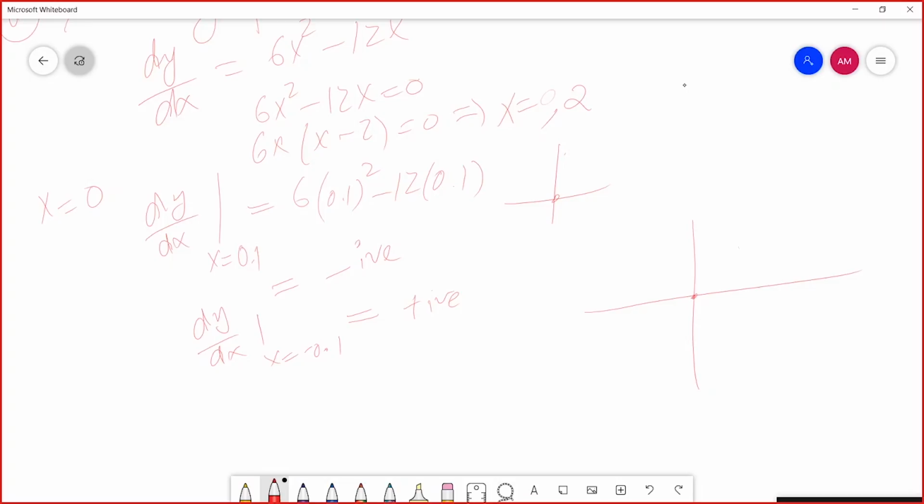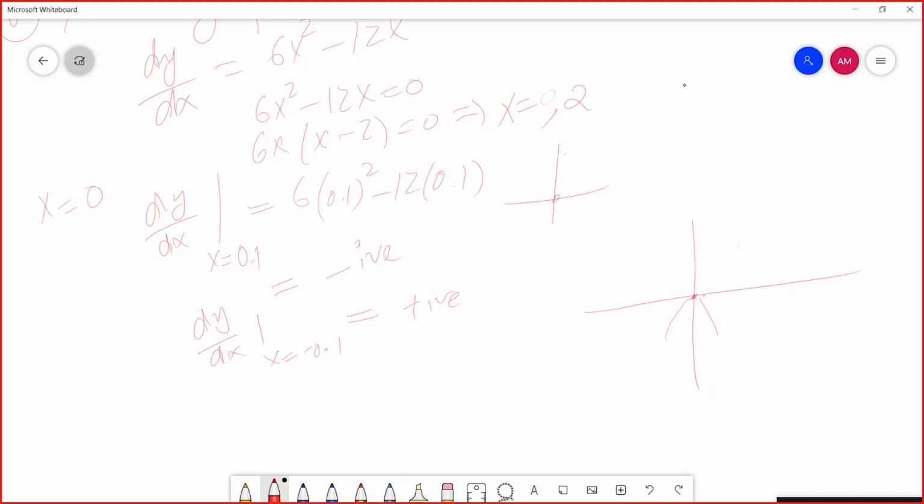At minus 0.1 it is positive, and at 0.1 it is negative, so it means it is going down like this. Before it is positive and after it is negative, so it is something like this. Do you see this?